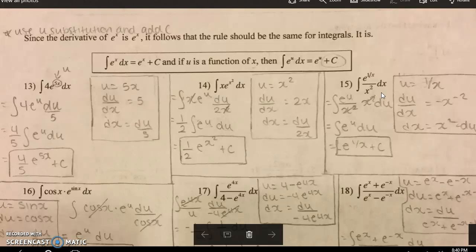The x's will cancel out, so you're left with e to the power of u times du over 2. And we take the 1/2 out of the integral sign, so we can single out e to the power of u. And so in the end, we just put back in the value for u and add c. So we get 1/2 e to the power of x squared plus c. So yeah, that's how we did that problem.